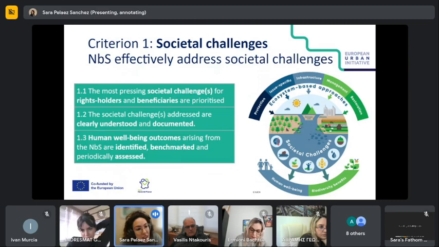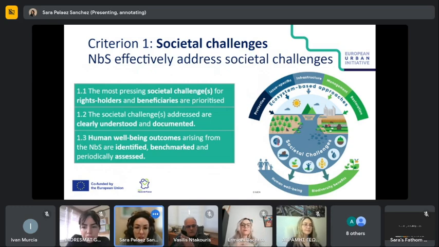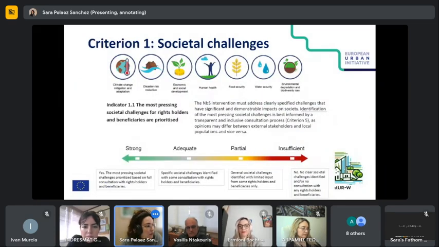And the last indicator: human well-being outcomes arising from the NbS are identified, benchmarked, and periodically assessed. We will later apply this criterion 1 to the NatUR-W project, so keep those 3 indicators in mind.